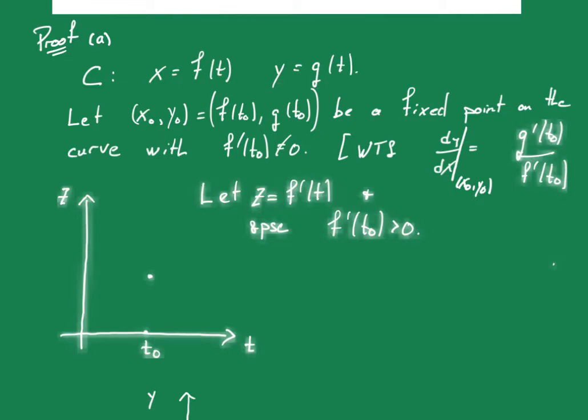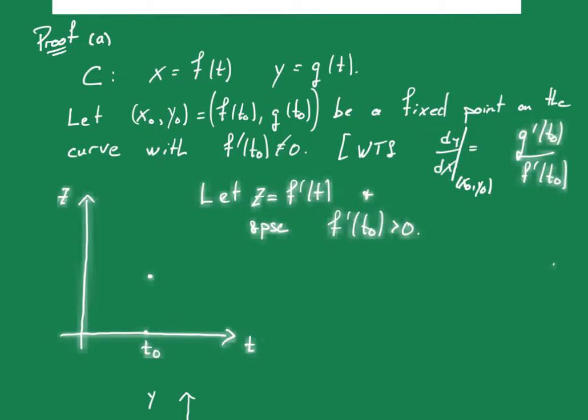And remember, we're assuming that f and g are nice functions, so they're differentiable with continuous derivatives. We're going to take a fixed point x naught, y naught on our curve and say that it corresponds to the parameter t naught. So x naught is f of t naught and y naught is g of t naught.